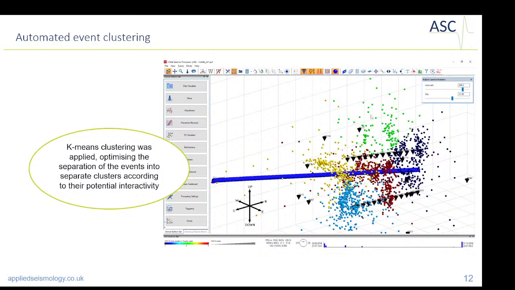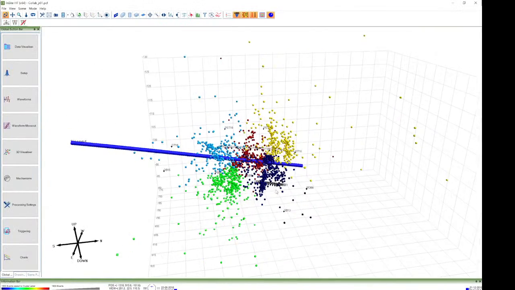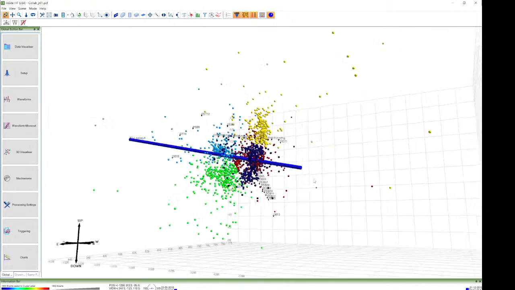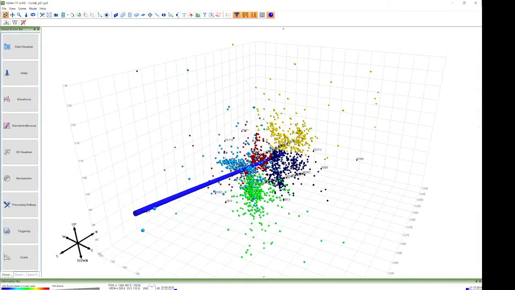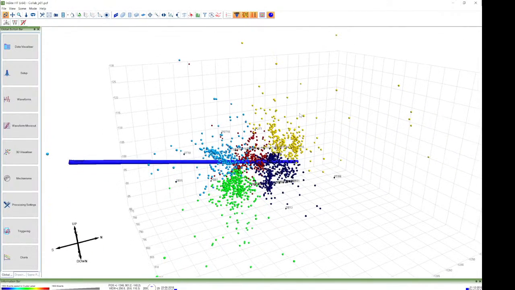And we can probably look at that in three dimensions. You can see here that our events naturally split into 5 well-defined clusters, indicated here by the color scale.